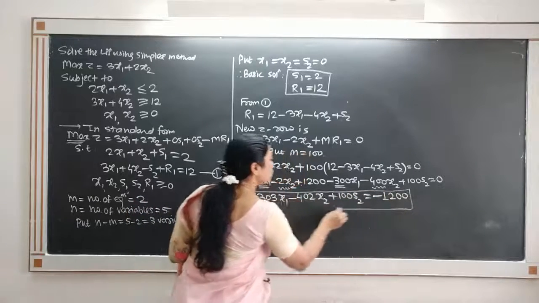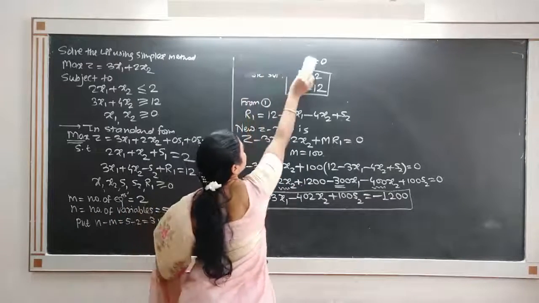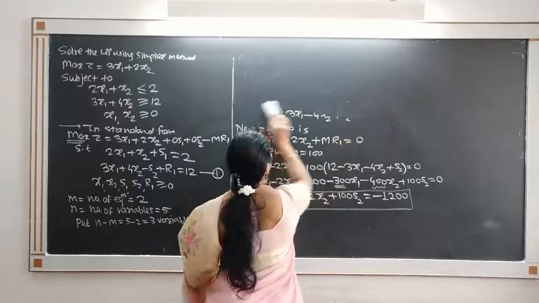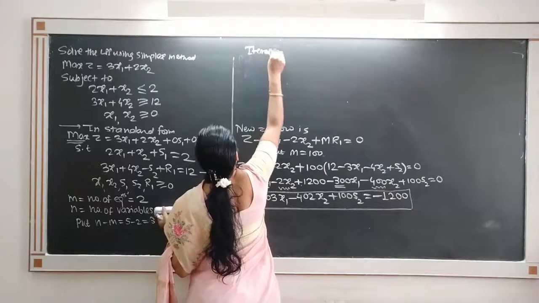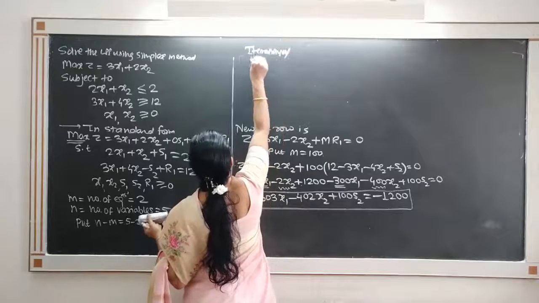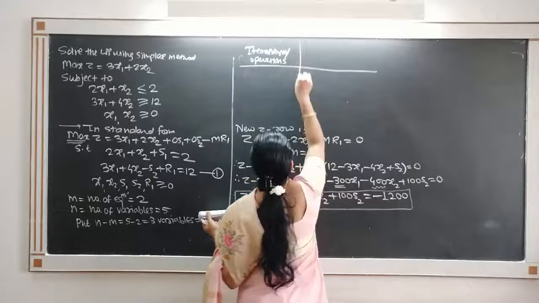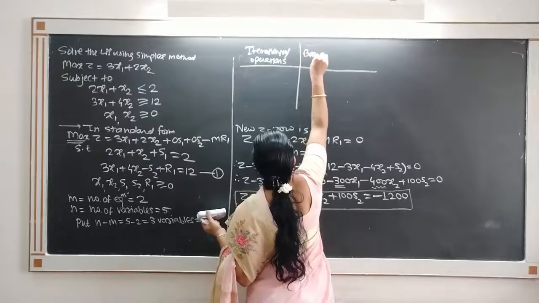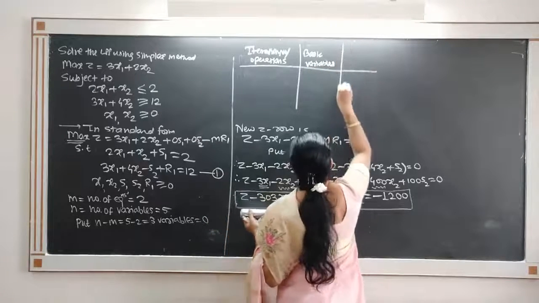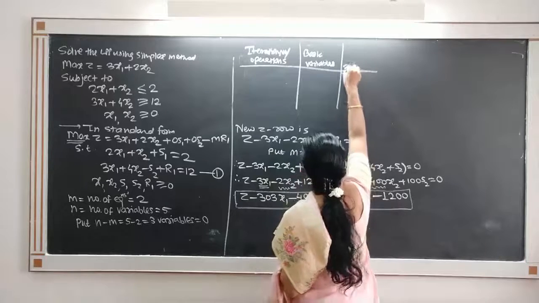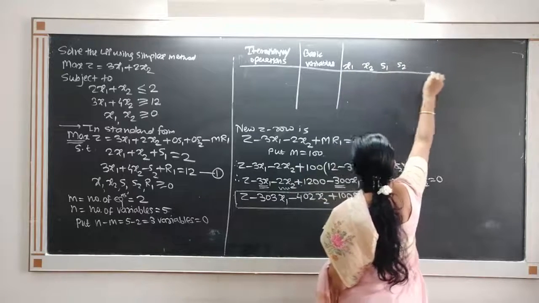Once we get the new z row, now consider the simplex table. The first column is iteration number, or what operations we are doing. Second column is basic variables. Then all the variables which are present, that is x1, x2, s1, s2, r1.